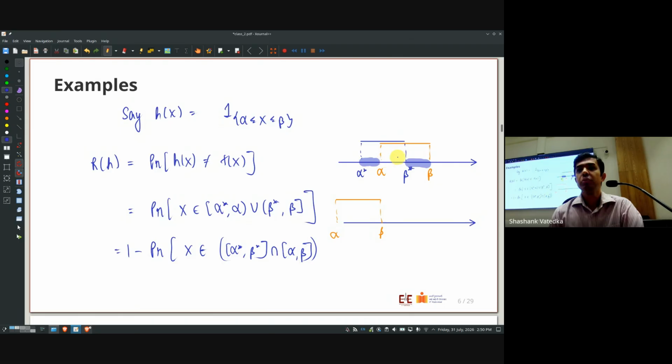So in the region where they overlap, right, it is basically the intersection. Right? What about this? Yeah, complement intersection.